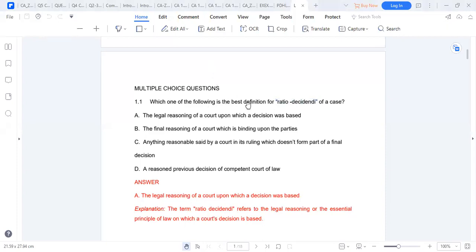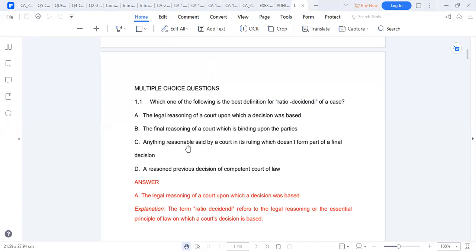So which one of the following is the best definition of a case? Number 1, which one of the following is the best definition for ratio decidendi of a case? A, reasoning of a court upon which a decision is based. Number 2, the final reasoning of a court which is binding upon parties.